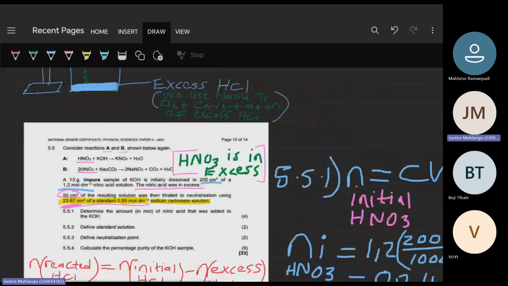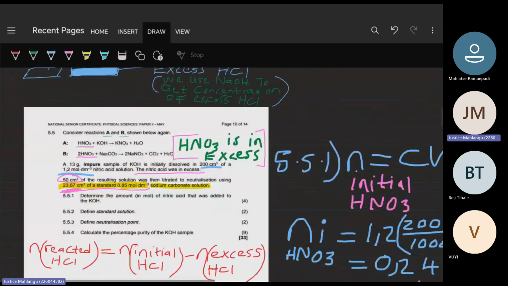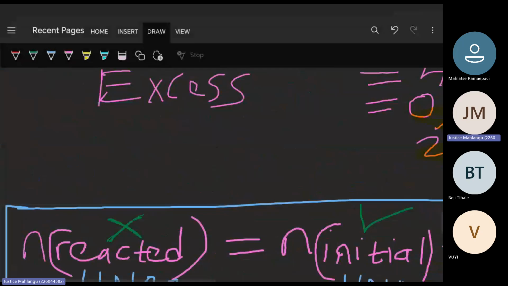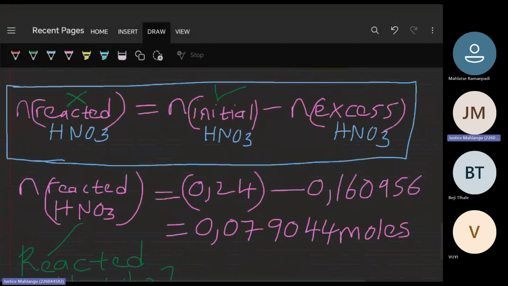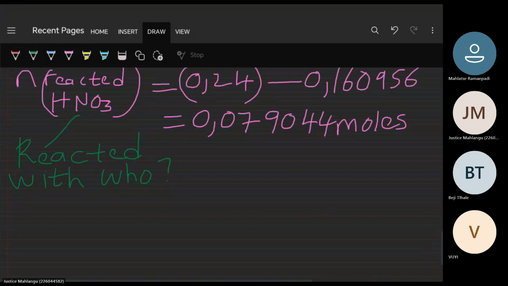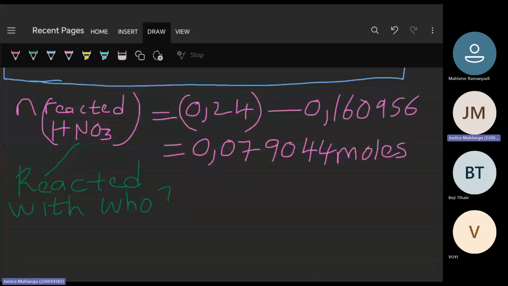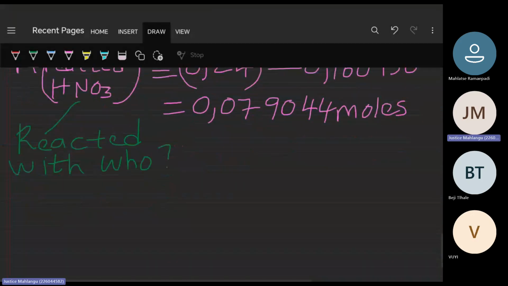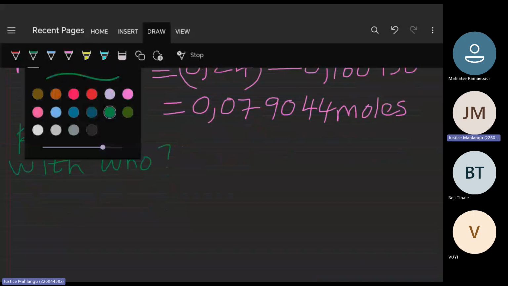So we're looking for the number of moles that have reacted with the potassium hydroxide. The number of moles that have reacted is 0.0944, and it reacted with the potassium hydroxide.